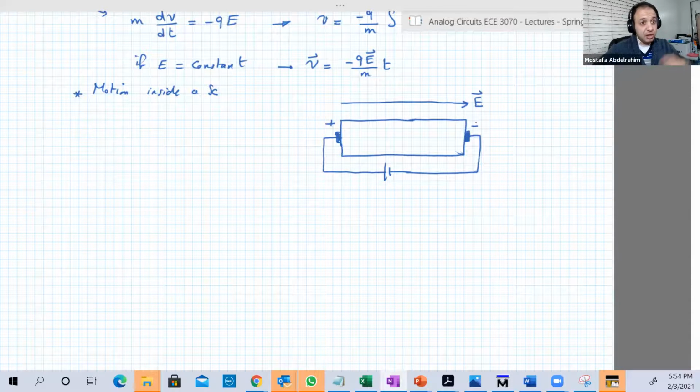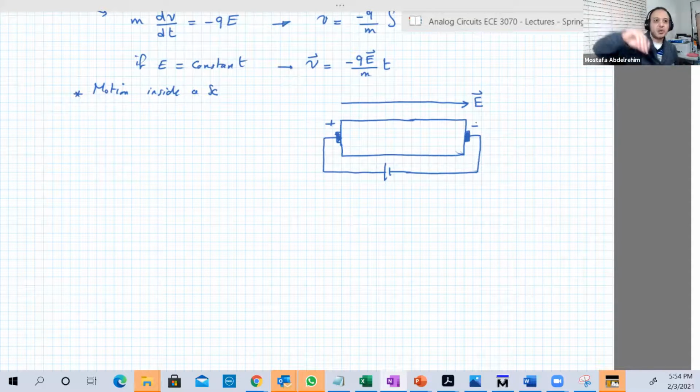It will make the electron move against the direction of the electric field, just like the free space. But the motion will not be in a straight line. It will not be perfect like the free space. The electron may collide with an atom and deviate, then go back to the course, which is opposite to the electric field.